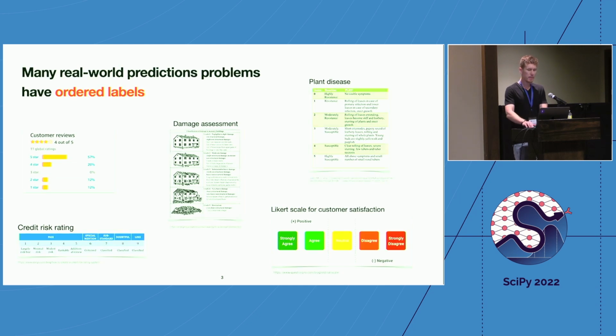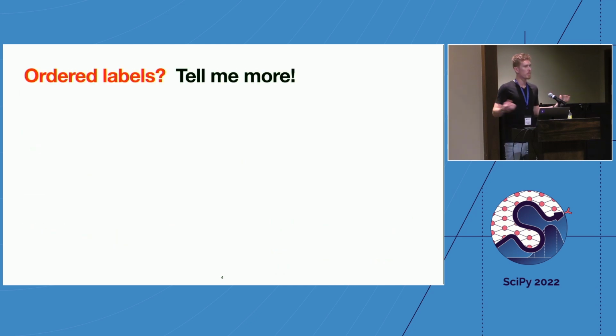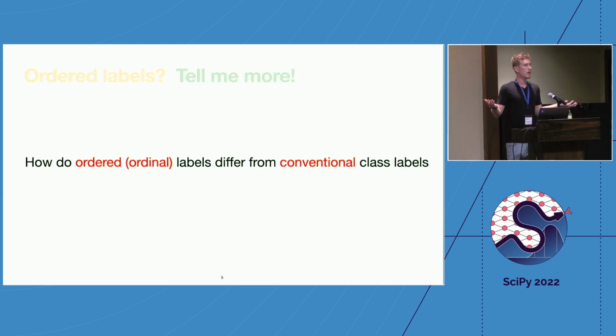So to dive a little bit more into this ordered label problem, I wanted to give you a few examples of why that matters. In particular, how do these ordered labels differ from regular class labels that we usually work with when we apply off-the-shelf machine learning algorithms, say from scikit-learn, or deep learning architectures?